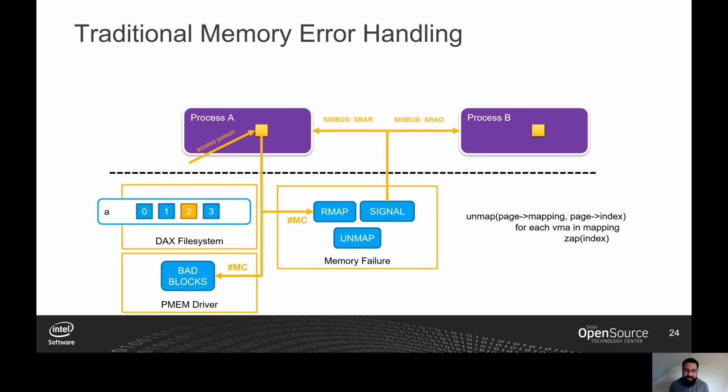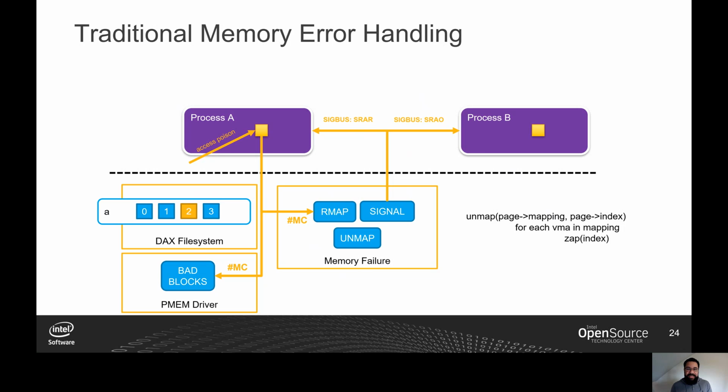The next step after unmapping is telling the processes what happened. If you've encountered the signal extra sig info handler data that comes with a machine check notification, you'll see these acronyms SRAR and SRAO. If you're wondering what those mean, they mean signal recovery action required and signal recovery action optional.